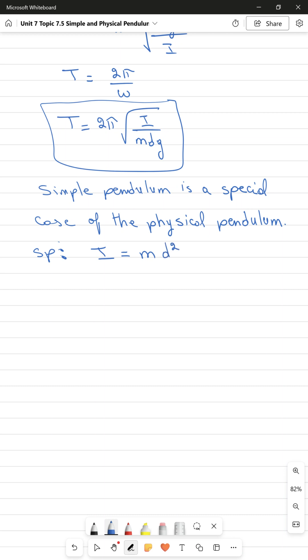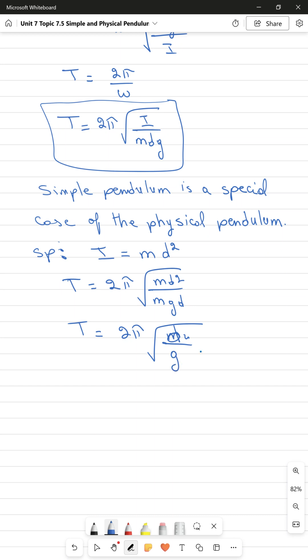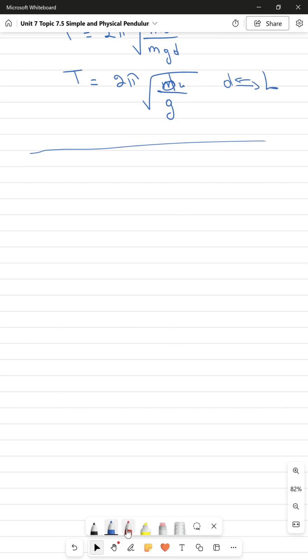If I replace that above, we get T equals 2 pi square root of md squared over mgd, which will be T equals 2 pi square root of d over g. Here d is the same as L, which is the length of the pendulum or the rope connecting the pendulum.